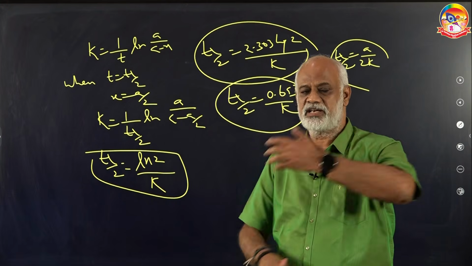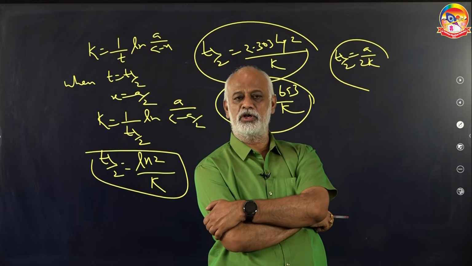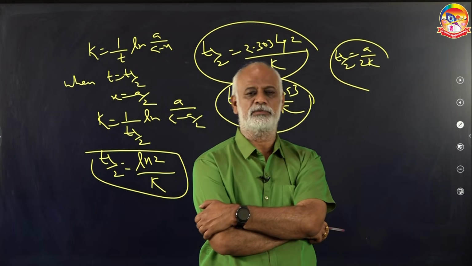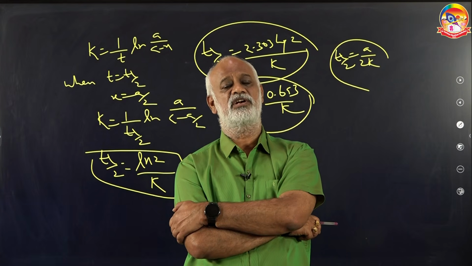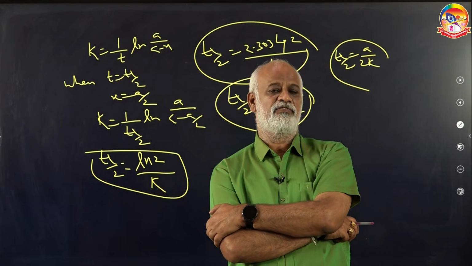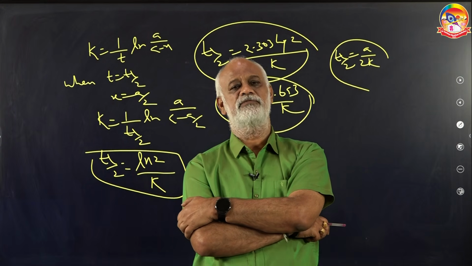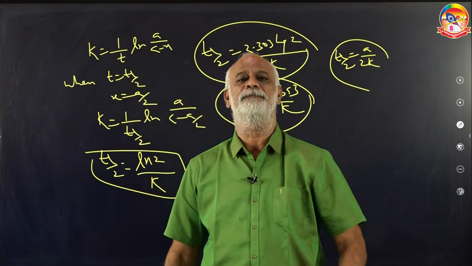In a particular reaction, if they say it is first order, whether you start with 10 molar or 2 molar or 5 molar or 8 molar, the t half of that reaction does not vary because it is first order. That is the reason why if you take 100 molecules, they become 50 in a particular time. That 50 will become 25 in the same time.